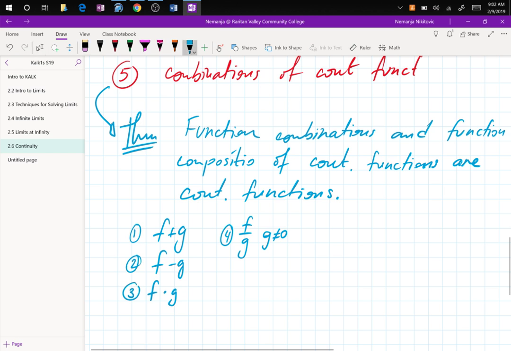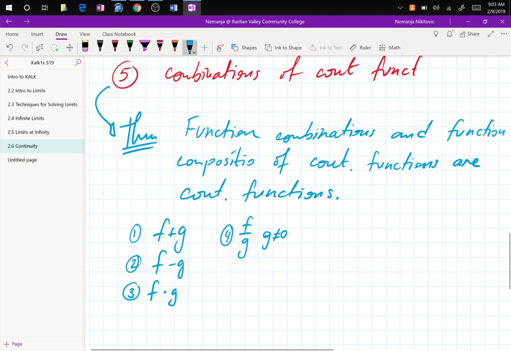Let me give you an example immediately, like sine x divided by x squared plus 1. That will be continuous, because x squared plus 1 cannot be 0 ever. Any number that you put in square for x squared will always be a positive value, and then you add 1. So you can never reach 0. There's no 0 in the denominator.